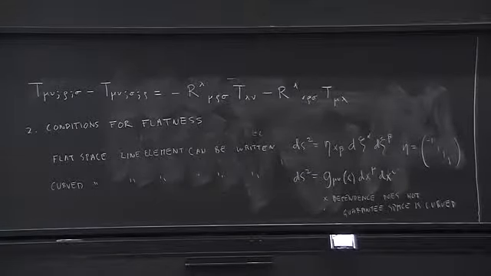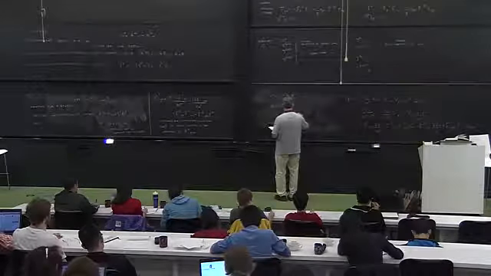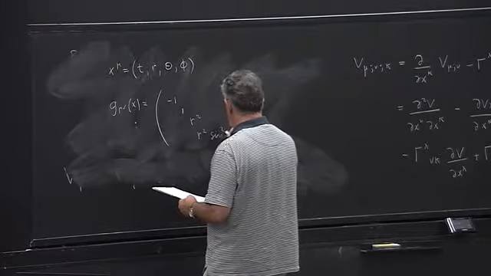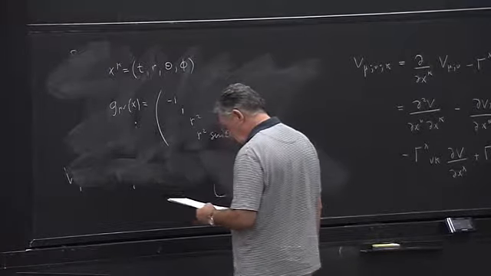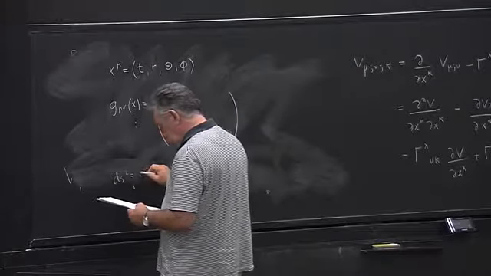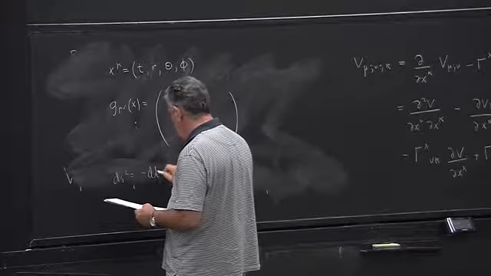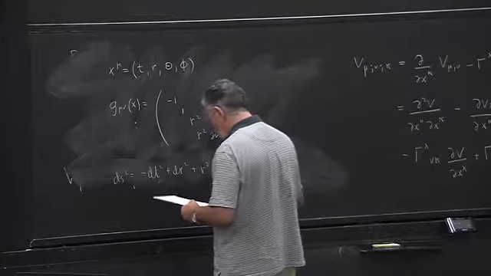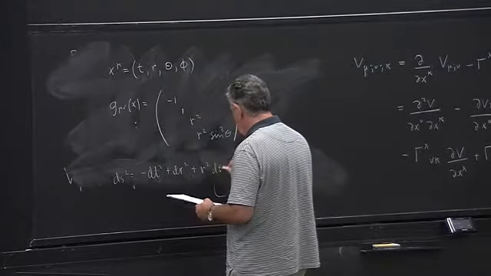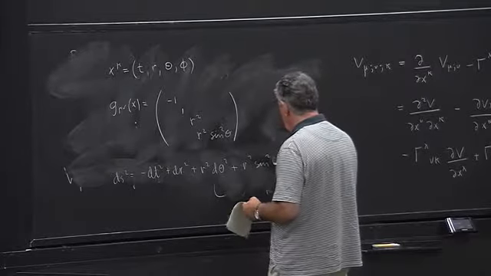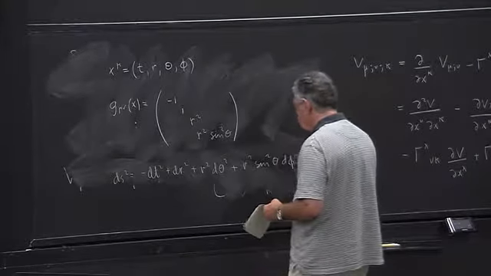It looks like minus 1, 1, r squared, r squared sine squared theta. So that ds squared is minus dt squared plus dr squared plus r squared d theta squared plus r squared sine squared theta d phi squared.